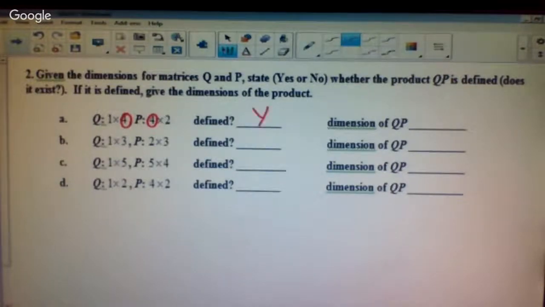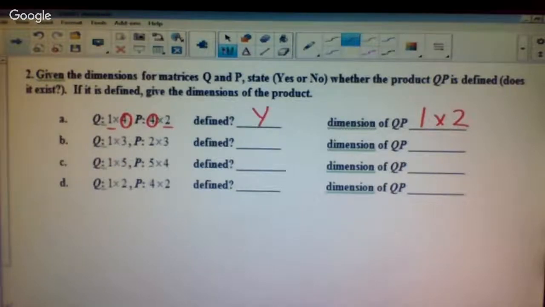So this is a yes. I can multiply them. Your answer, though, comes out to be what these outside numbers are. So my final answer is going to be a 1 by 2 matrix when I multiply. So the middle numbers tell you yes or no. The outside numbers tell you your dimensions.